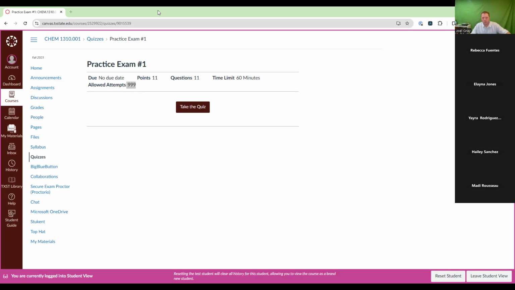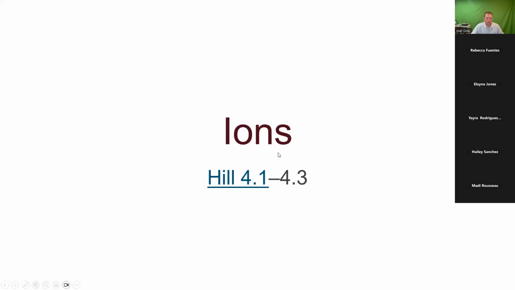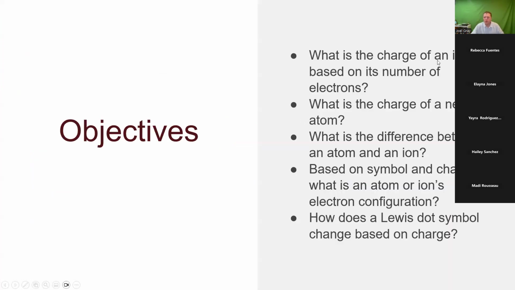So I'm going to go ahead and get started on talking about ions. Our learning objectives for this module: first of all, I want you to be able to know the charge of an ion based on the number of electrons it has.